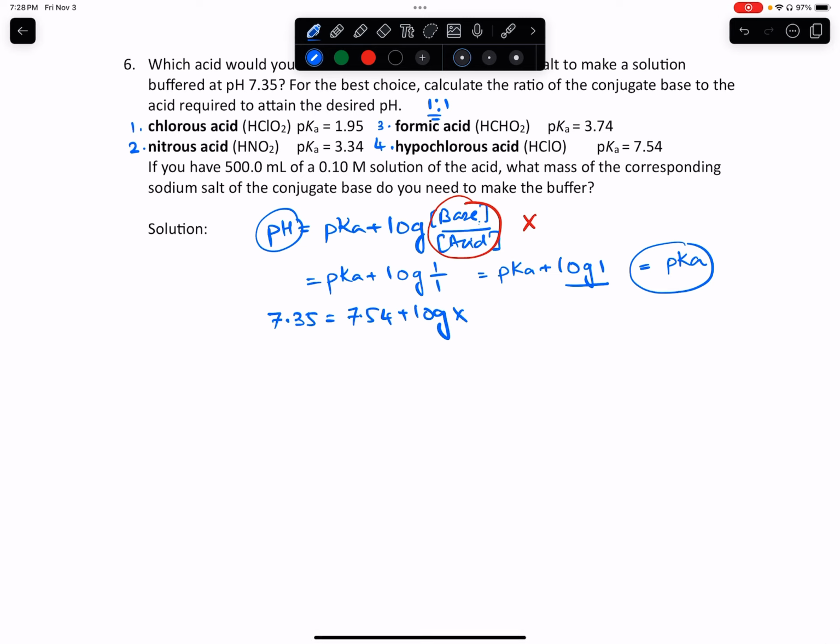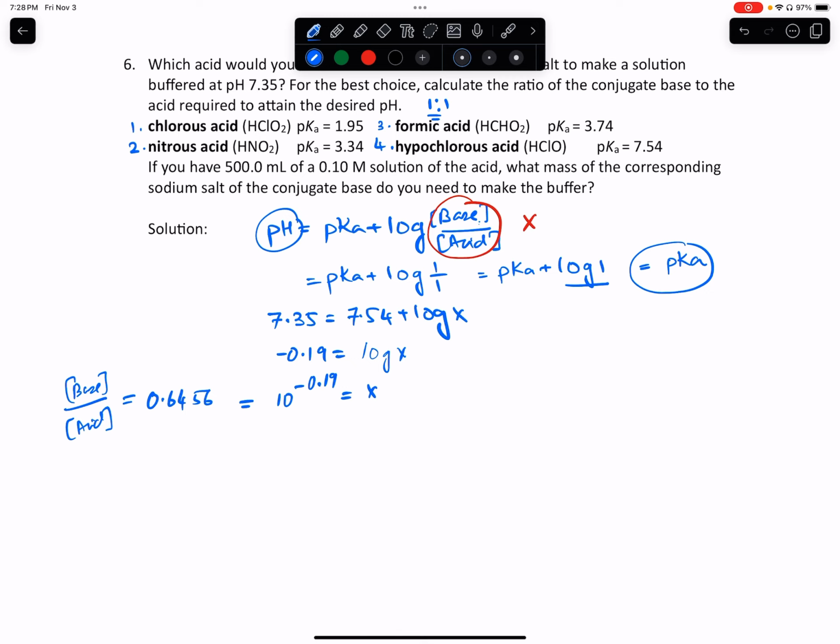We combine terms and get negative 0.19 is equal to log of x. So x is equal to 10 raised to negative 0.19, which is equal to 0.6456. So that's the ratio of the concentration of base to the concentration of acid.